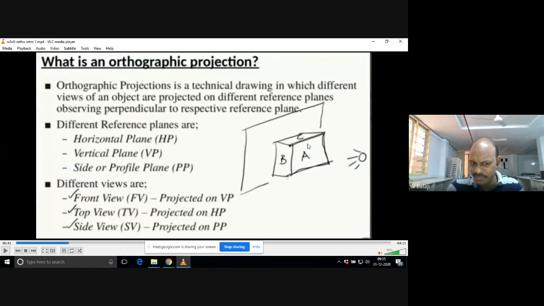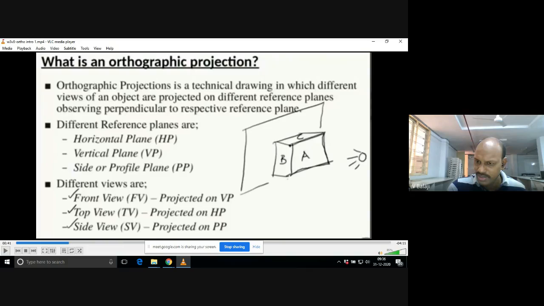A, B, C. Now you may not see the other faces, but there are parallel faces on the opposite side. Let us say only three faces. So this is my object A, B, C. This is the person. A person is looking at this object in this direction. So he is in front of A, right? He is in front of A. So maybe it is a front view for that person.